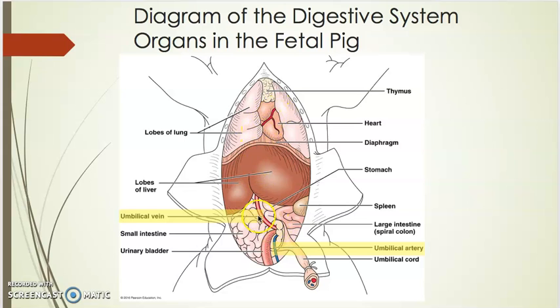Even though it has the correct colors for the umbilical vein that goes to the heart in the fetus and the correct color for the umbilical artery, which is leading away from the fetus, it still does not have the right number of umbilical arteries.